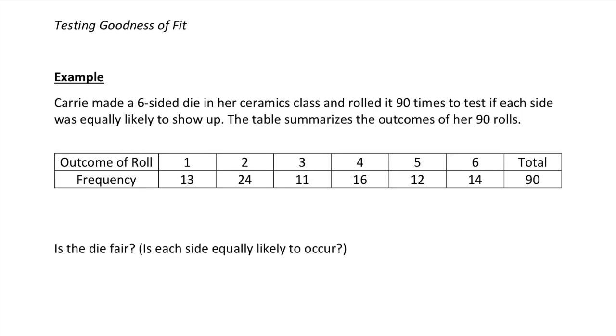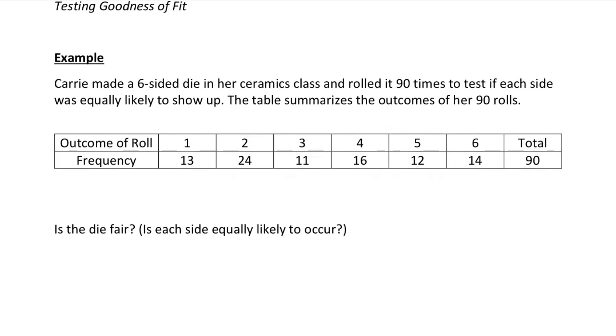All right. So the first thing we need to do is look at what would be expected if this was balanced. So if she rolls it 90 times and each side is equally likely to show up, our expected value here would be 90 times 1 over 6, or 15. So I'm going to expect that a 1 would show up 15 times, a 2 would show up 15, and so on and so forth.